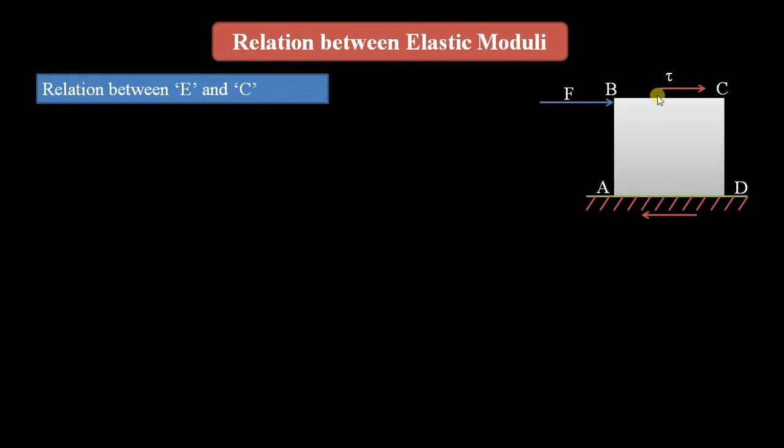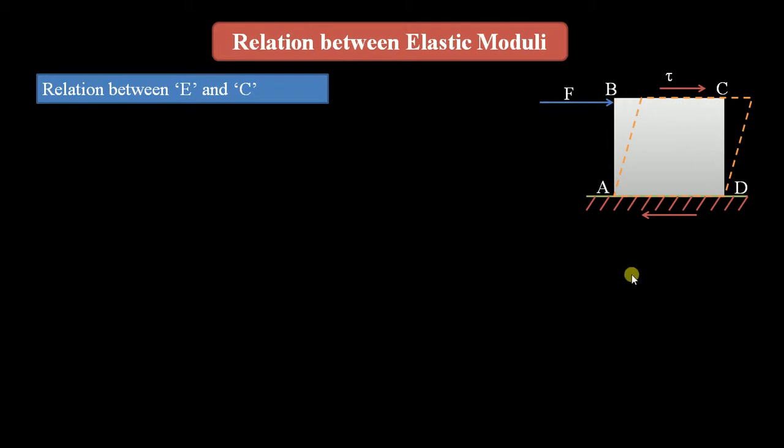Because of the shear stress taking place over the surface, the body, that is the cube ABCD, tries to deform in its shape. That means it can change its shape, in the form of an angle. So this body has deformed to this dashed line shape.